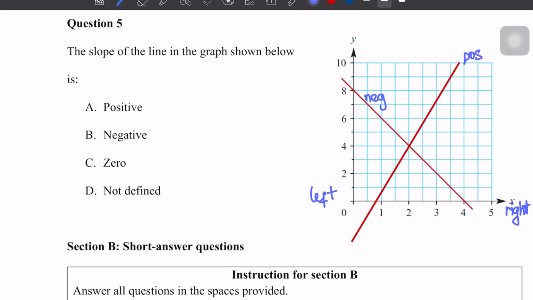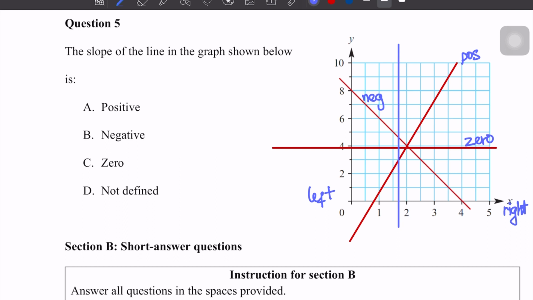Whenever the slope is 0, that line is parallel to the x-axis. The slope would be 0. And whenever the line is parallel to the y-axis, the slope is undefined or not defined. So your answer is 1, negative 1.